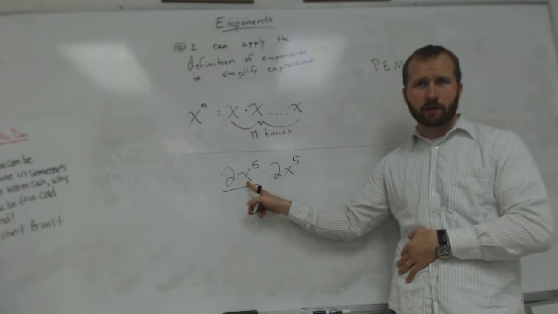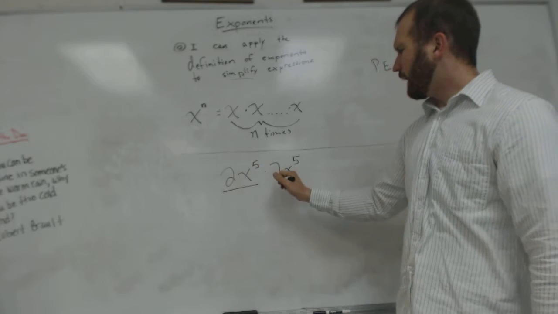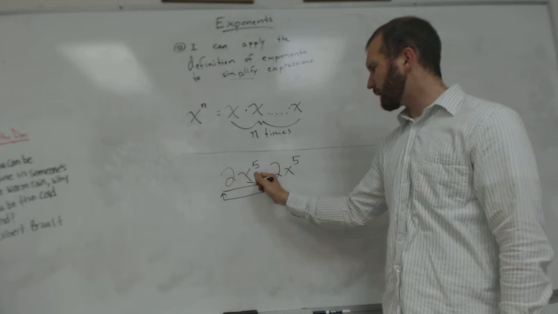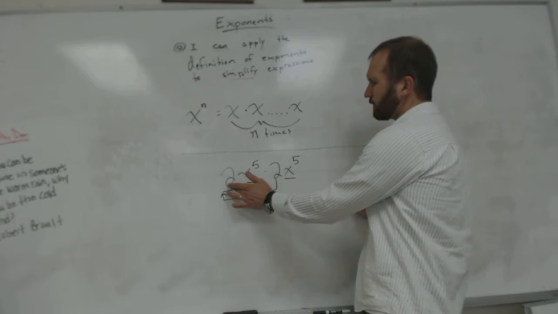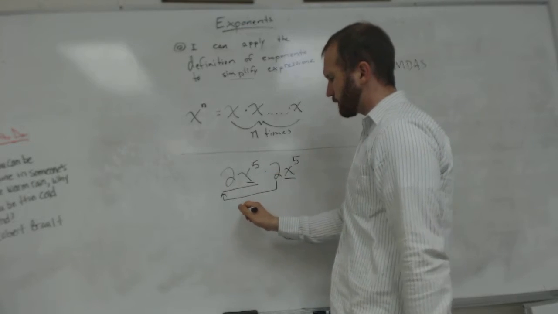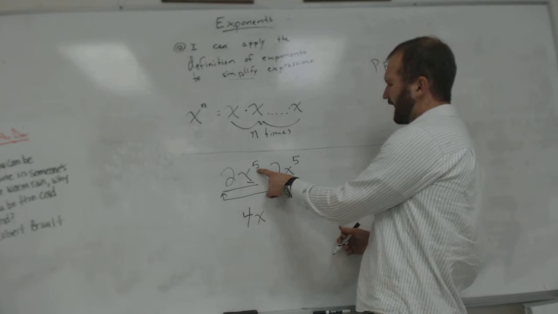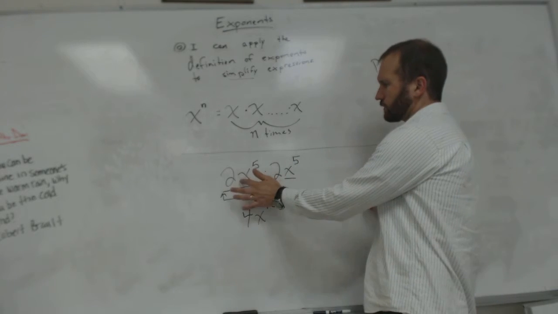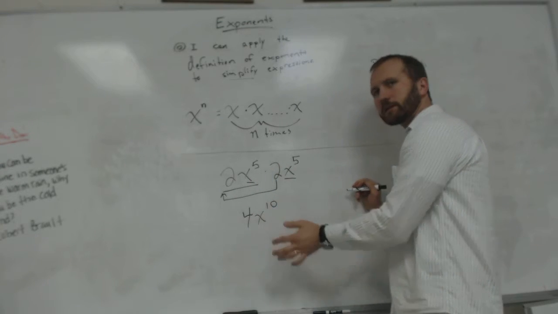Okay, Max, I'd like to see that you're looking. Thank you. So if I have other numbers here, I actually have to move this 2 over here before I can combine my x's. So I have 2 times 2, which gives me 4, x to the 5 plus 5, which is 10. So 2x to the 5th times 2x to the 5th is 4x to the 10.